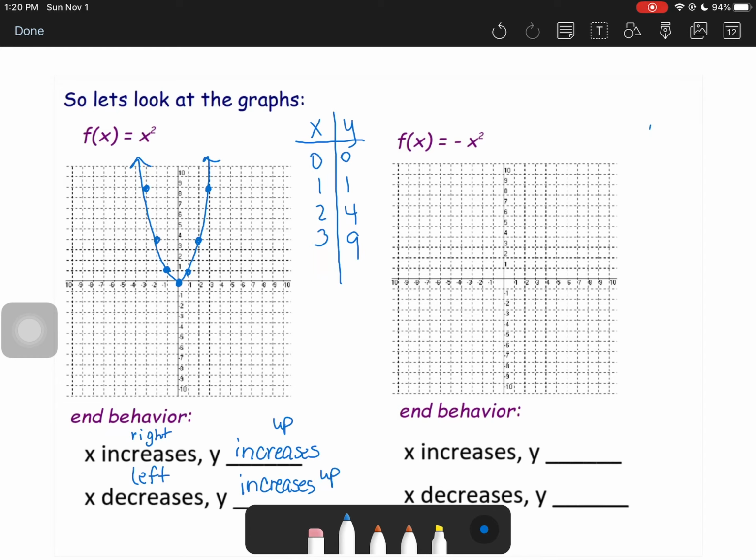In our next example, we also have a parabola, but this time we want to square it and take the opposite. So when we graph, we have (0, 0), (1, -1), (2, -4), (3, -9). We're going to flip that to the other side.